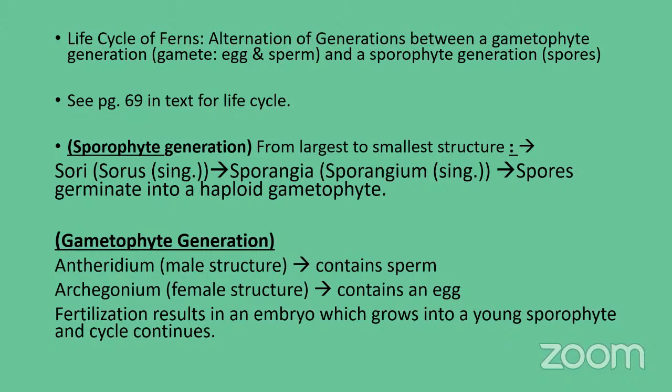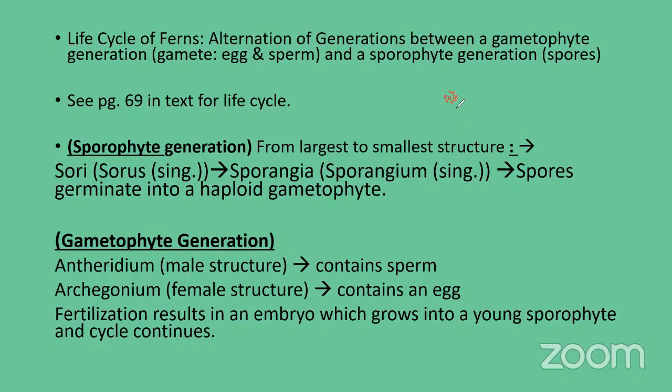Okay. So the sporophyte generation involves a sorus. That was that circle of sporangia, right? Those were the structures that looked like that. So these individual parts are the sporangia, and the whole big thing is a sorus. They're going to create these sporangia, which are then going to create the spores.